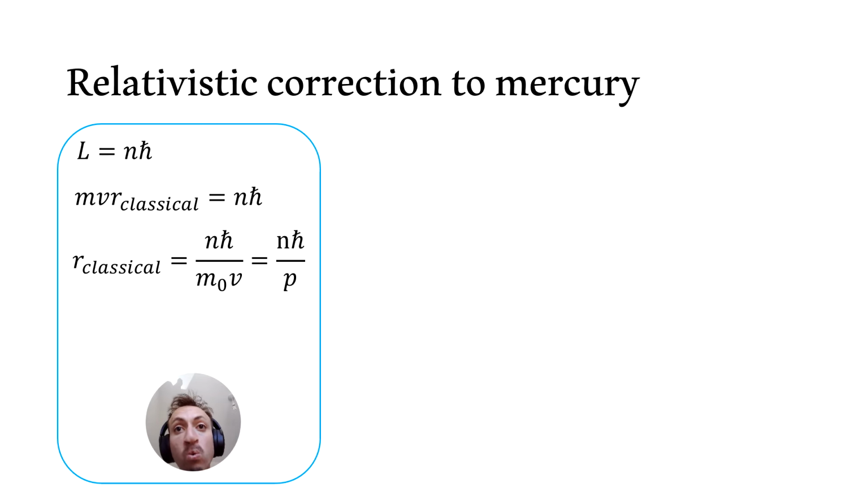Now, the important thing to note here is that as we make the electron heavier, the radius drops. Now, classically, and for the purposes of this video, by classically I mean ignoring relativity, the electron's mass is just a constant. There's no way to change that. It's not in any way a dynamic variable. It's just a fixed thing of nature.